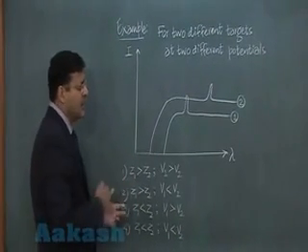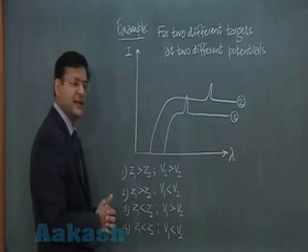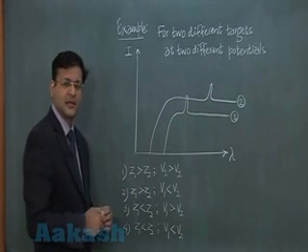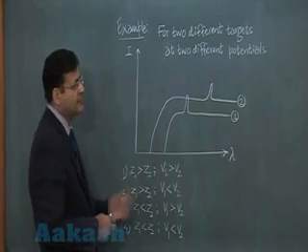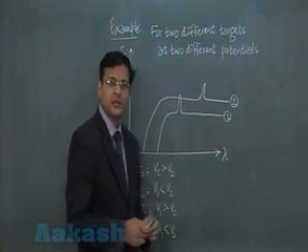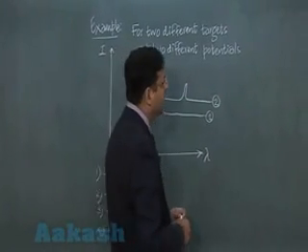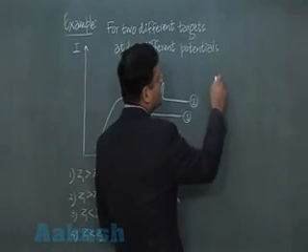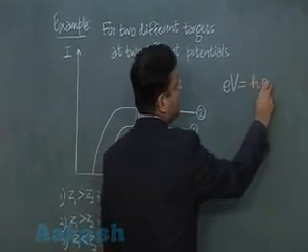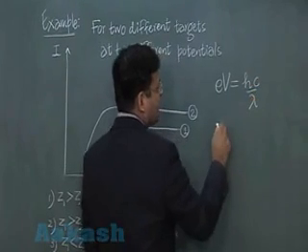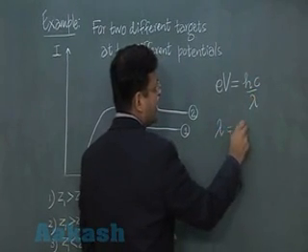Now see, for our entire explanation of the X-ray spectra, we had only 2 equations. First, try to see the continuous spectra, based on which you had the relation that charge into potential, that is eV, is equal to hc by lambda, isn't it? And this is given to you that lambda is hc by eV.